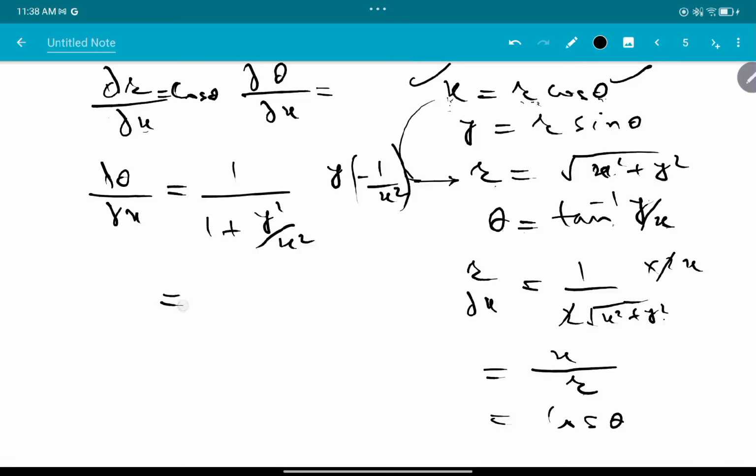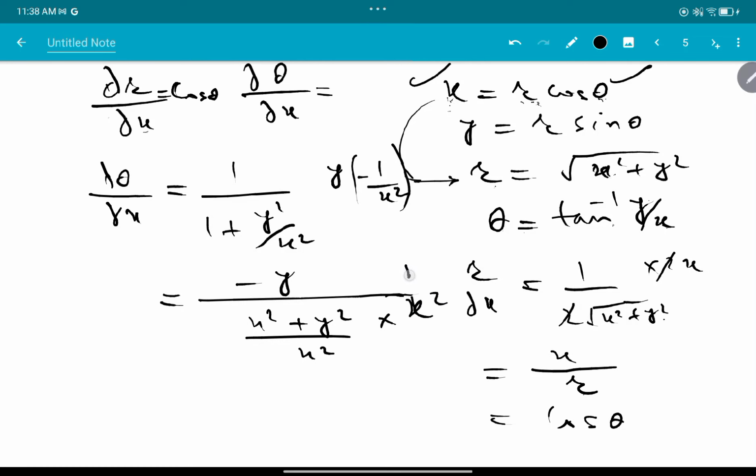So I have this situation, minus y in the numerator, and in the denominator, first multiply this, it is x square plus y square divided by x square, and here comes this x square, from this it was 1 by x square. This x square goes, and I have minus y by x square plus y square.